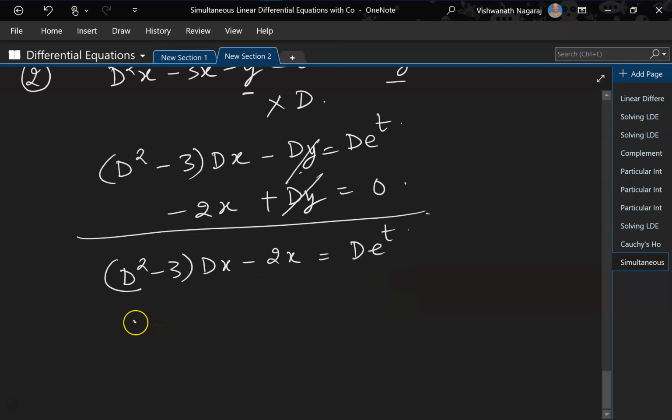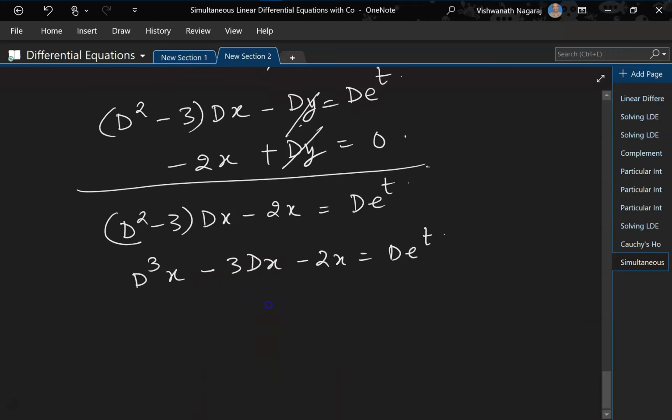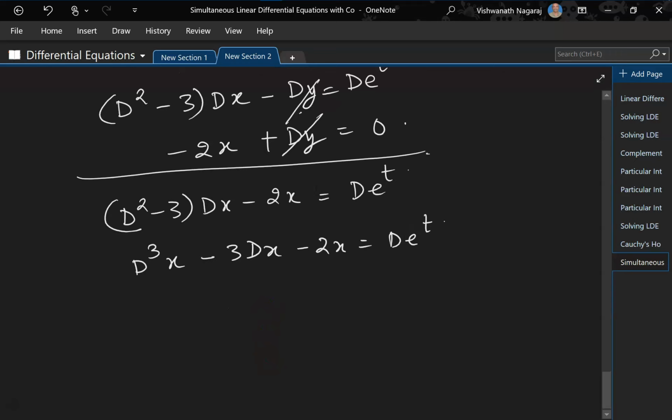Now this is something that we are already familiar with, so we can solve this for x.